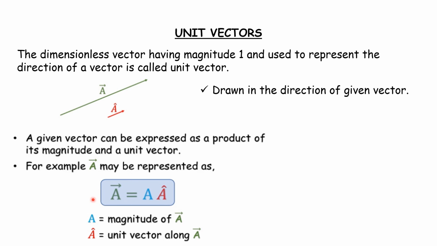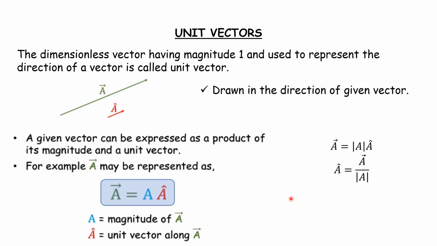So how are we going to write the vector? It is written as the product of magnitude, and for the direction we are going to use A cap, which is a unit vector, because a unit vector is used to represent the direction of any other vector. So this is the symbol to represent the direction, and in simple words we can say it's a unit vector, right?